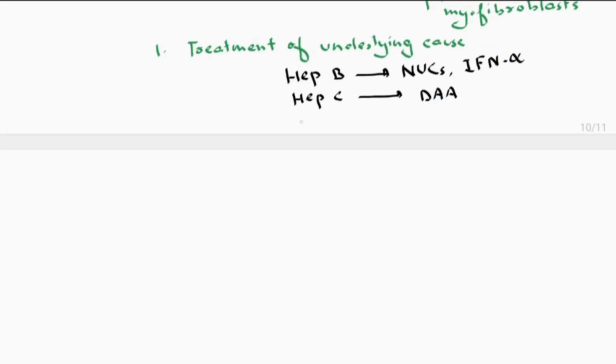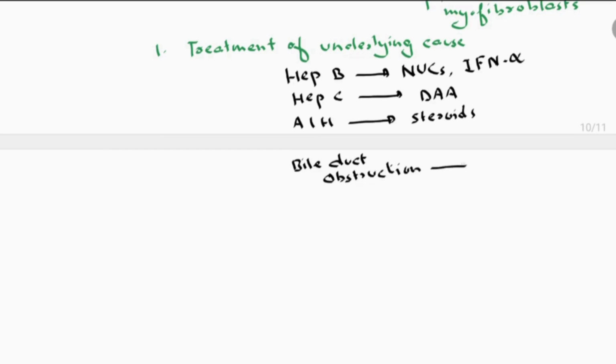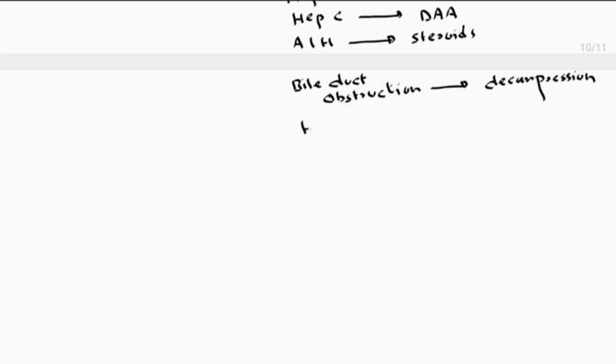In autoimmune hepatitis, you can give steroids. For bile duct obstruction, we can do bile duct decompression, and in hemochromatosis, iron chelation. So we need to remove the underlying cause. For reversing fibrosis, it is very important to remove the underlying etiology.